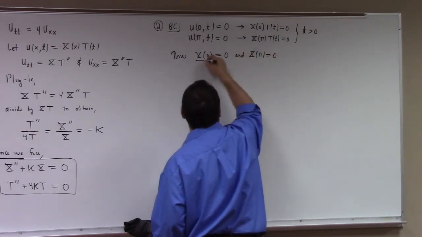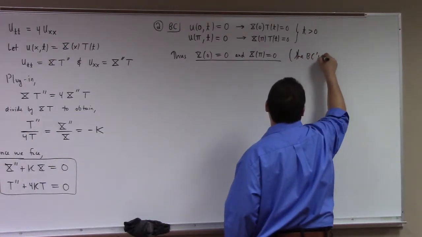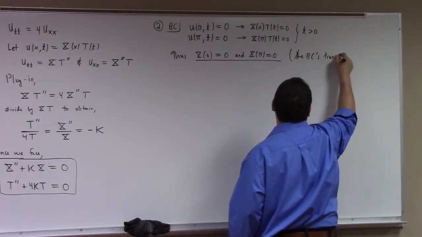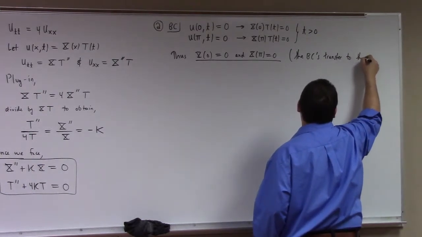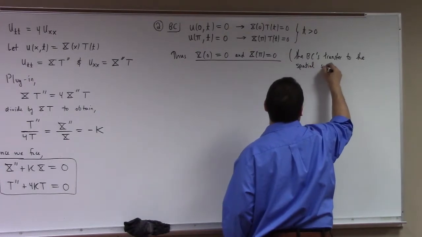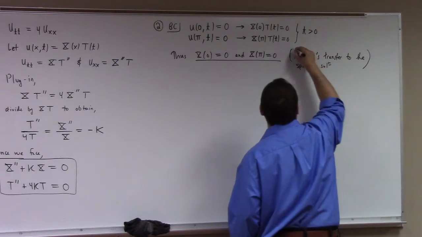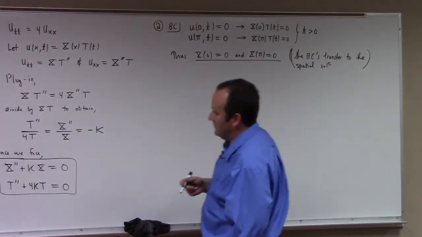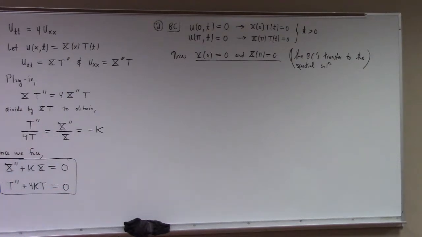So the boundary conditions transfer to the spatial solution. And look, now we're back to the first thing we looked at last class: fixed endpoints being 0.